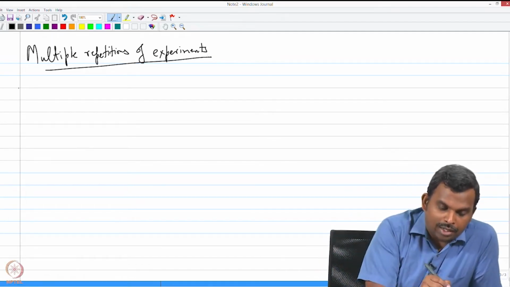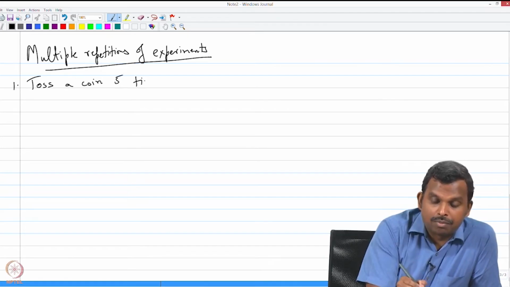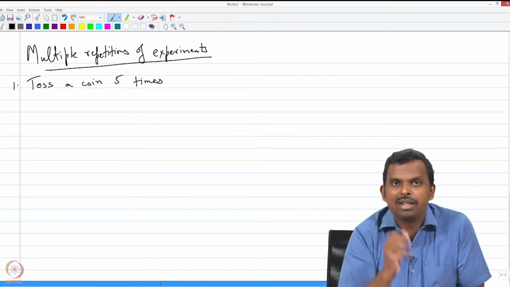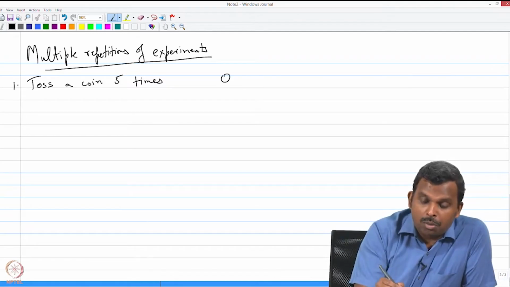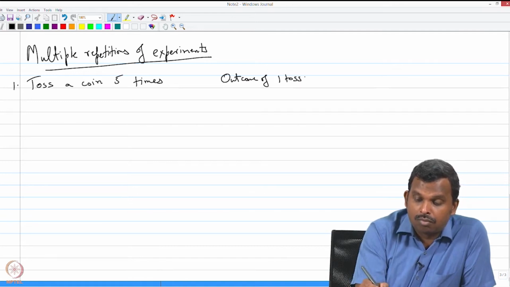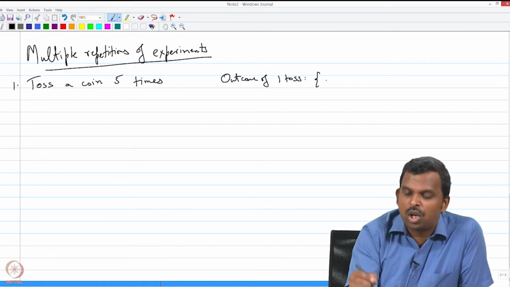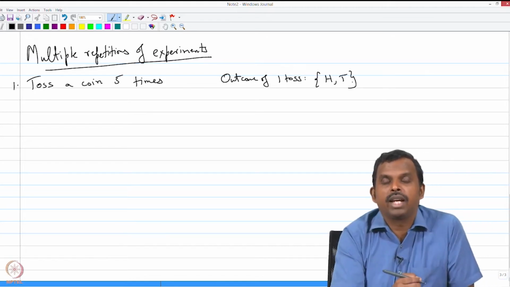So, let us first toss a coin, let us say 5 times, just to make it a little bit more interesting. We know that the outcome of one toss, I will denote it in shorthand now, you will see these shorthand notations are quite useful, is h comma t, heads or tails.